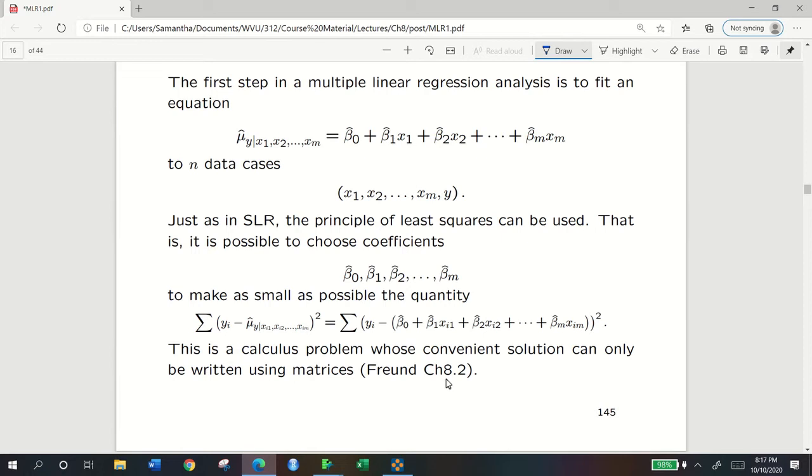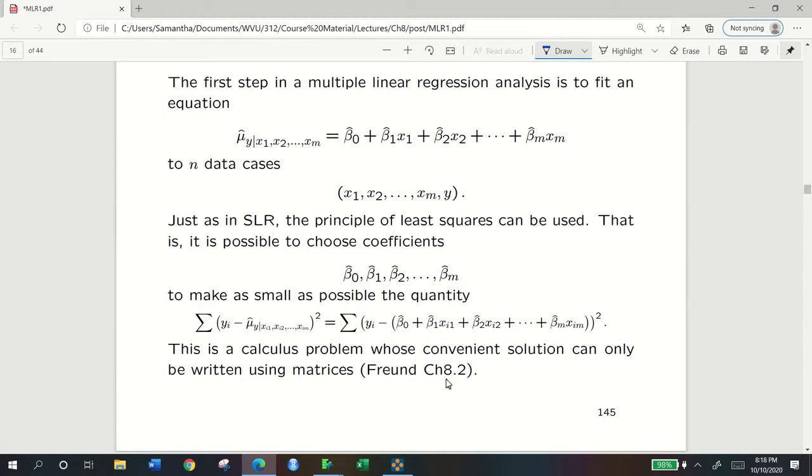So instead of having mu hat of y given x equal to beta naught hat plus beta 1 hat x, we now have mu hat of y given x1, x2, all the way to xm, which is equal to beta naught hat plus beta 1 hat x1 plus beta 2 hat x2 plus dot dot dot all the way to beta m hat xm for our n data cases, which are x1, x2, all the way to xm, and of course our observed response y.